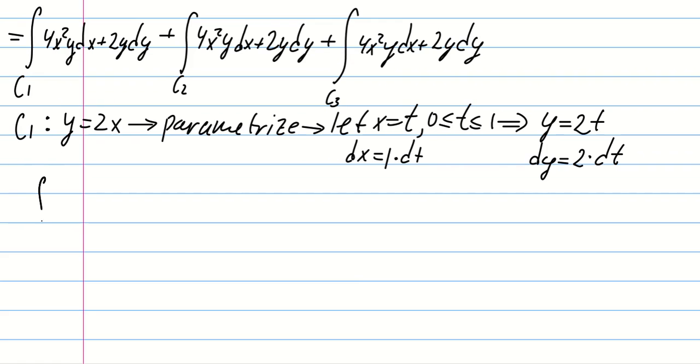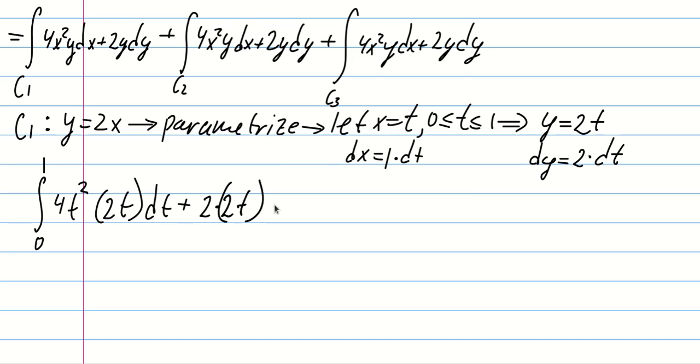So over C1, we take the integral when t changes from 0 to 1. For x we put t, so it's going to be 4t squared, and for y we put 2t, so we get 2t dt, plus 2 times y, which is 2t, and for dy we put 2 times dt.